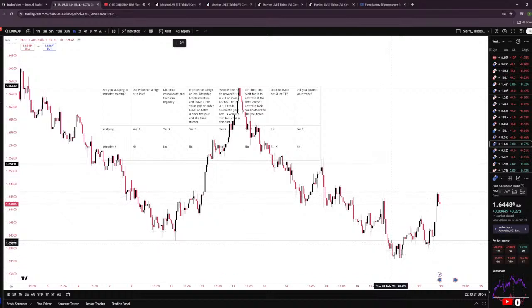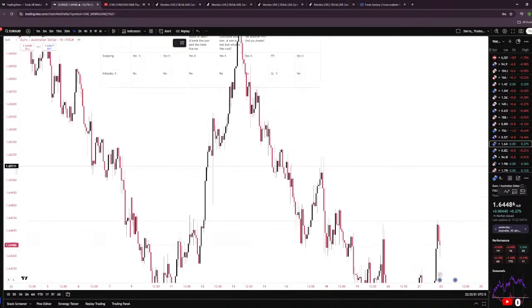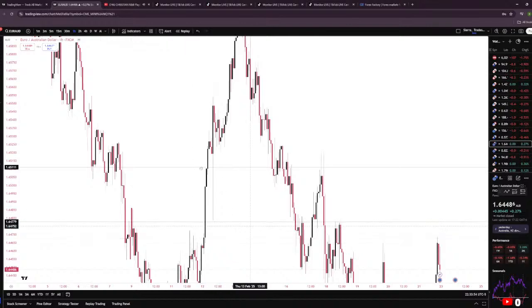We had a pullback right here. So this was our last lower high. Lower high, lower low, lower high. This little pullback right here sent us down lower, right? So let's zoom in on that. Let me show you.